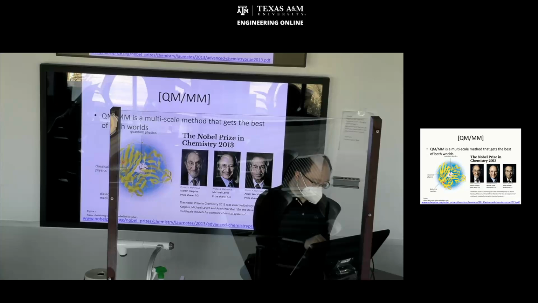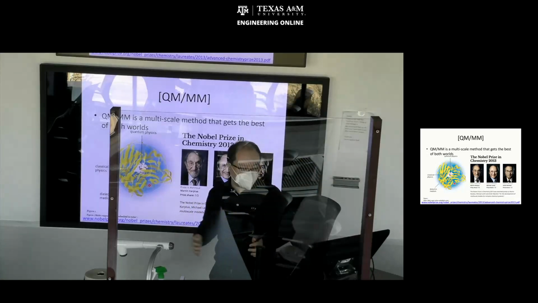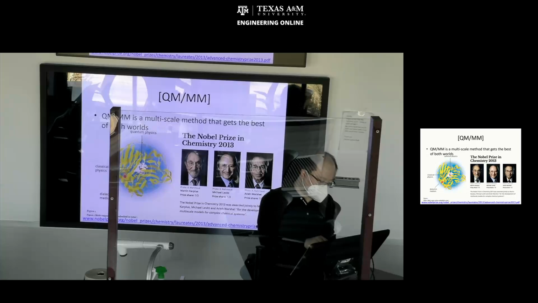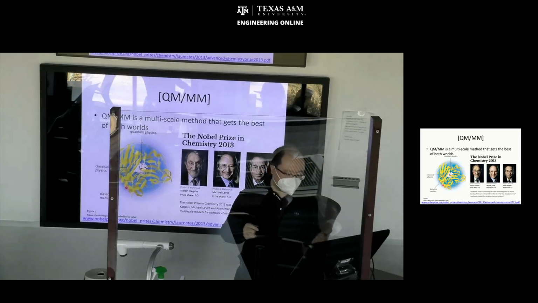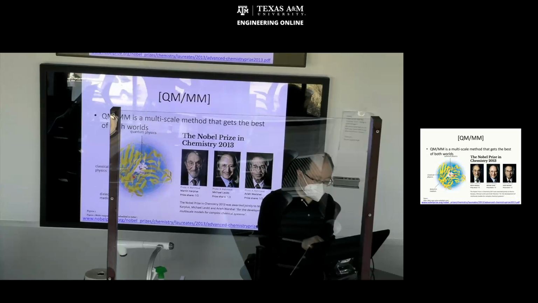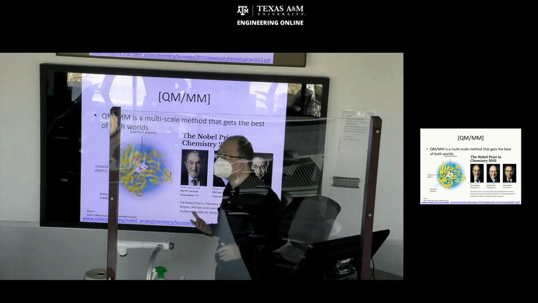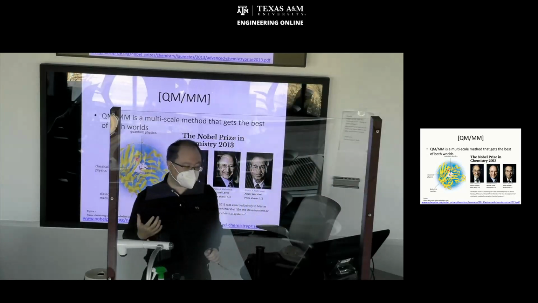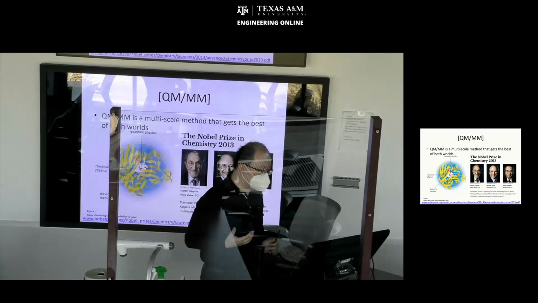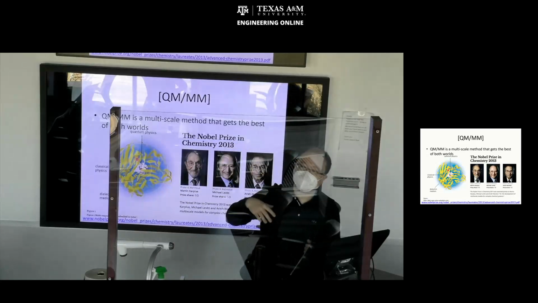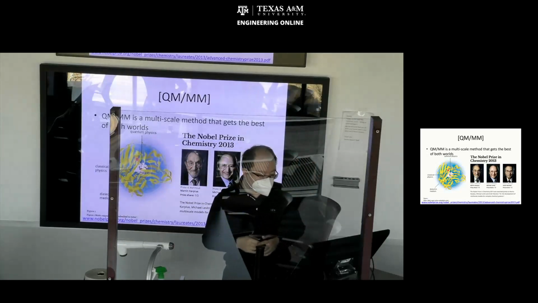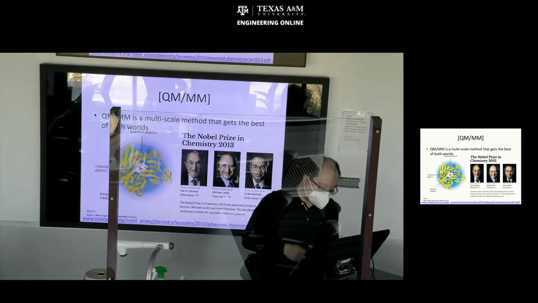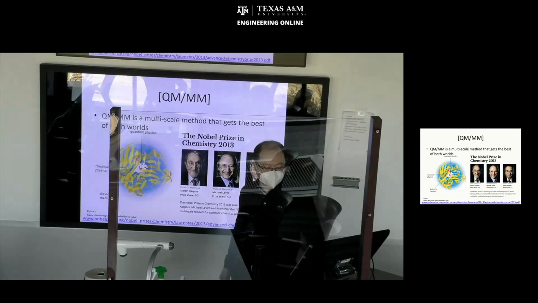In the bulk region of the protein that does not involve bond breaking or forming, we treat it as classical physics, that's the molecular mechanics. Then the issue is how do you deal with the interface? That's a classical mesoscale modeling problem, because you have different scales and you have to bridge them. And that is how you get the best of both worlds.